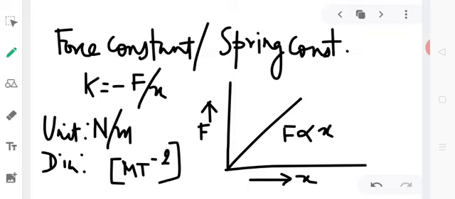Greater the force constant of a spring, smaller will be the stretch or compression of the spring for a given force. Therefore, a spring with greater force constant is said to be stiffer. The reverse is also true.